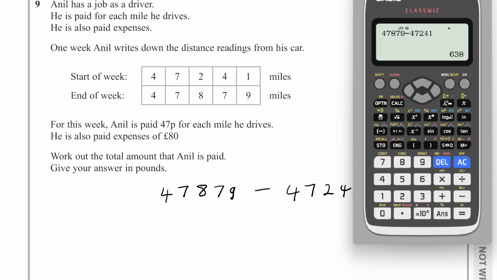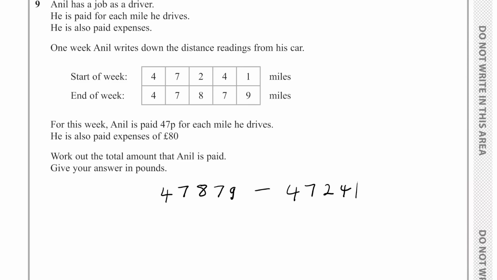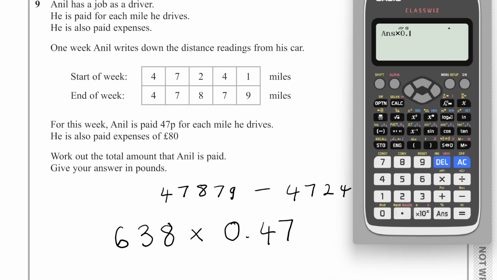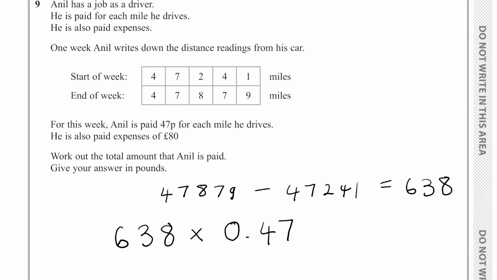That is 638 miles. He is paid 47p for each mile and £80 in expenses. How much is he paid? 638 times 47p. So 47p times 638 is £299.86.